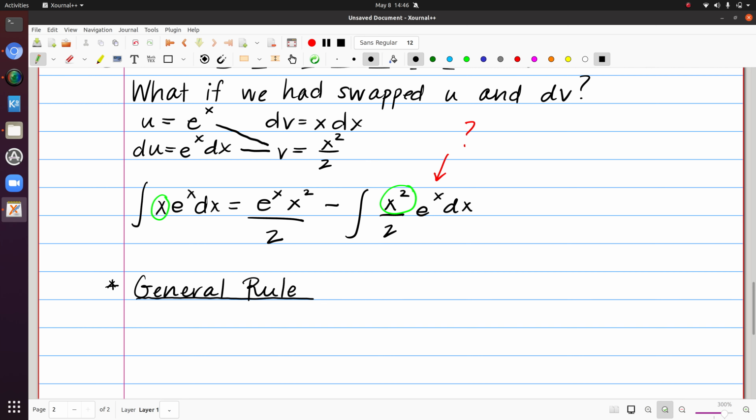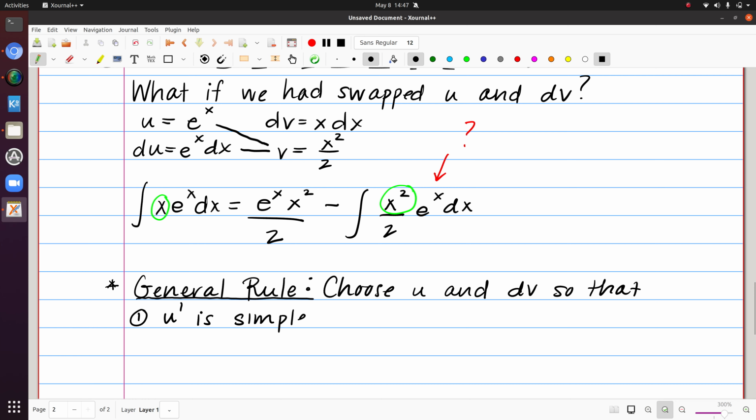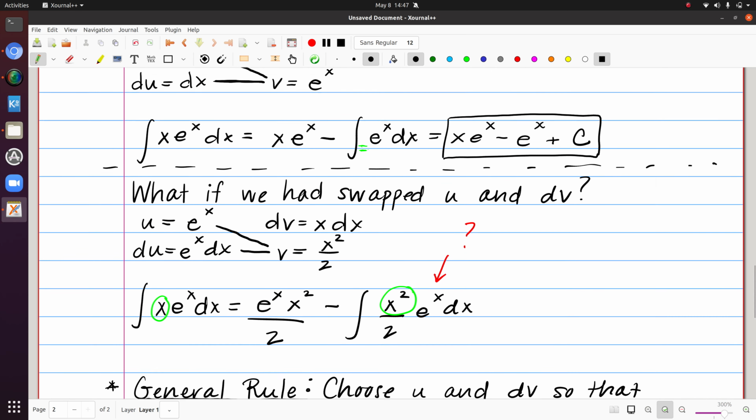When you're using integration by parts, you want to choose u and dv so that, first of all, we would like, if possible, for u prime to be simpler than u.